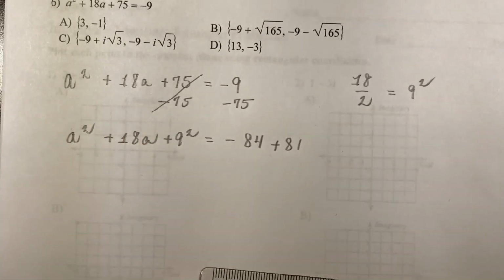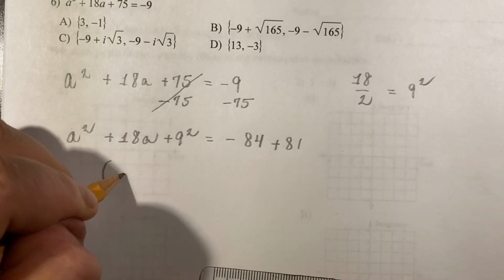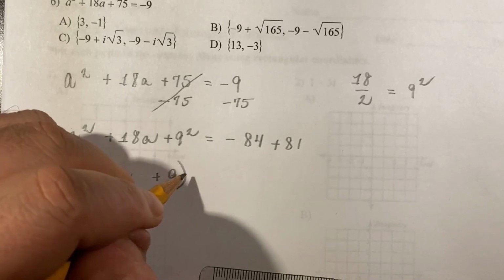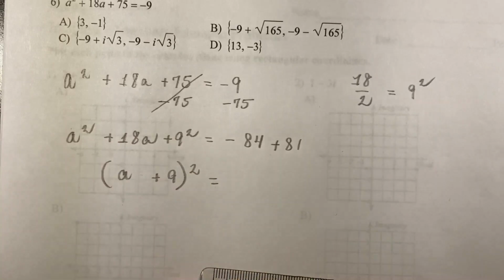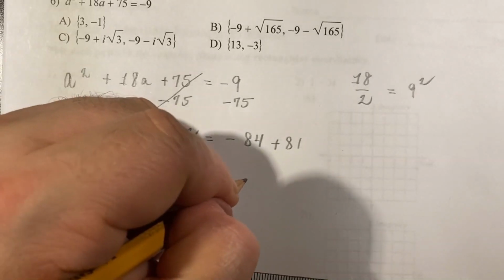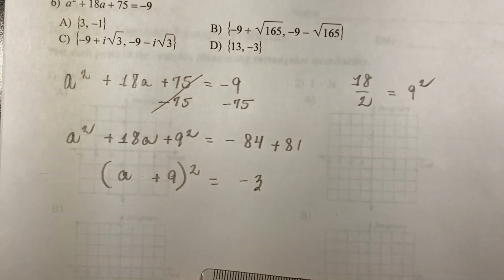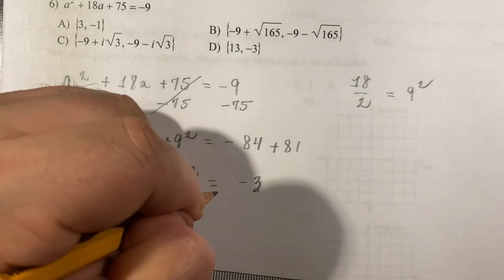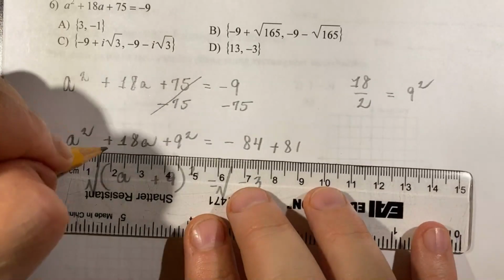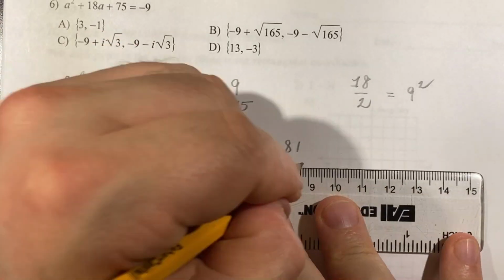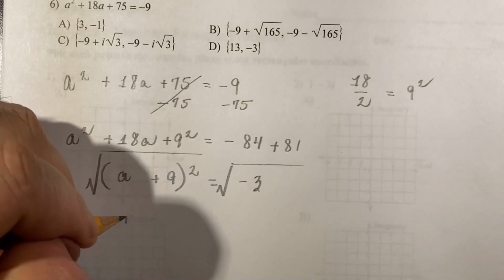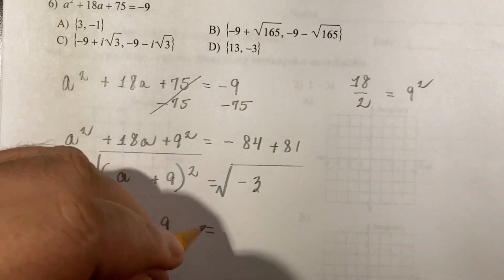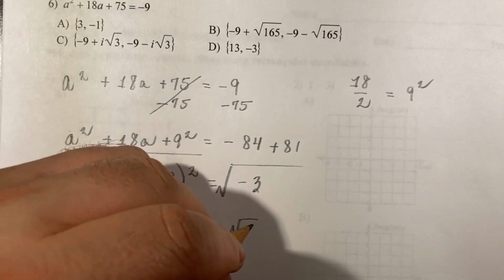Now we have a perfect square trinomial that we can factor into a perfect square binomial: a plus 9 squared equals -84 plus 81, which is -3. Now we take the square root of both sides, and you get a plus 9 on the left equals the square root of negative 3.